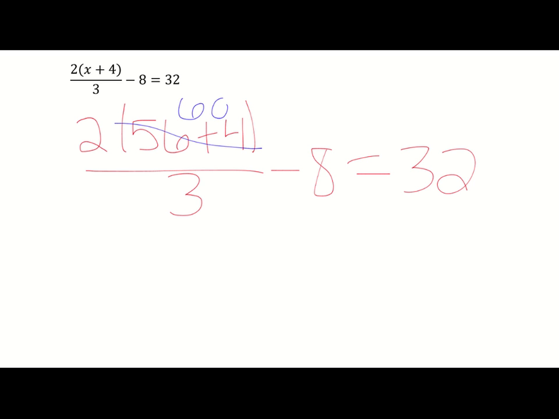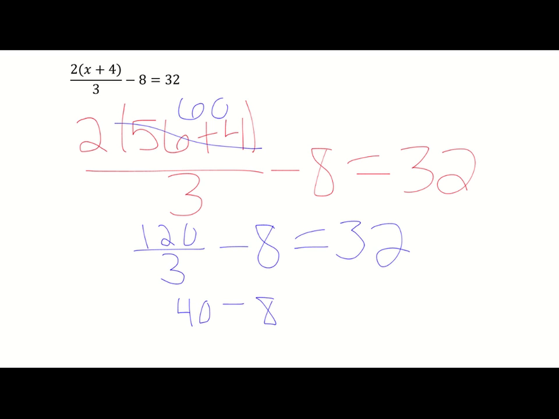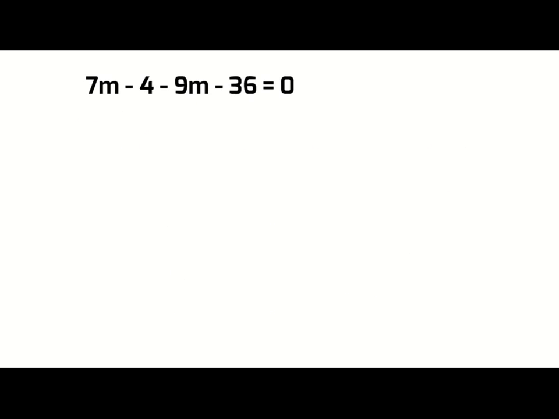We would then want to multiply. 2 times 60 is 120, which will be divided by 3. Subtract the 8, and we're hoping that's 32. 3 goes into 120 40 times, and 40 take away 8 is equal to 32. So since the left side would end up being the right side, we know our answer is correct.